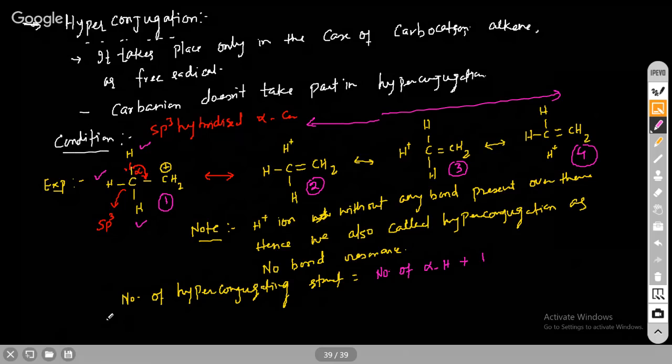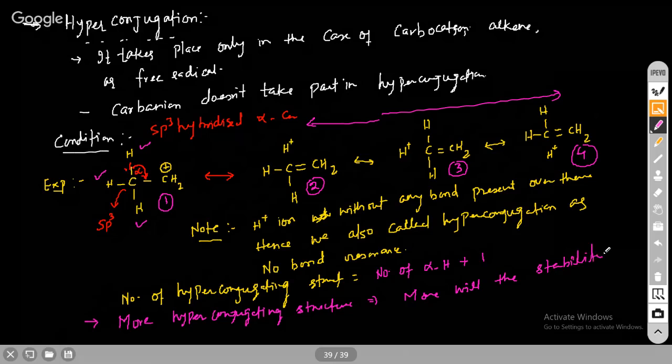One more point you write down here. The more hyperconjugating structures, the more will be the stability, and more hyperconjugating structures means what?